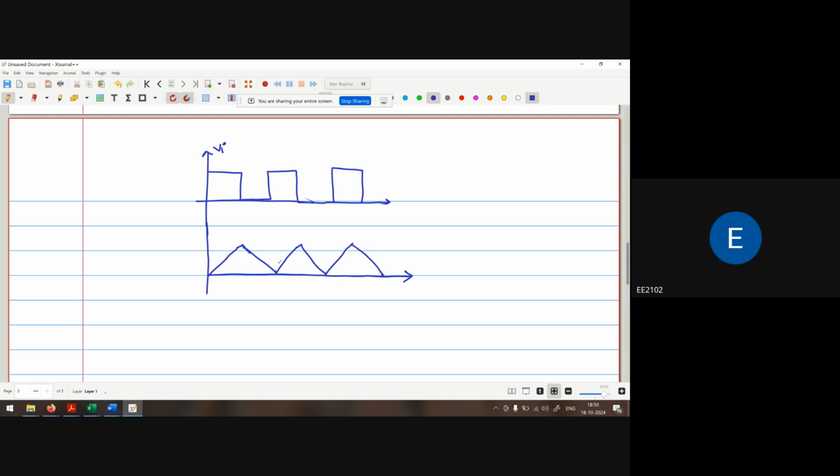So this is the output. If we provide 1, the integration of 1 dt is nothing but t.